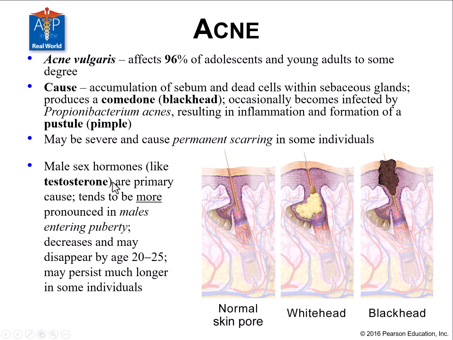And the testosterone seems to cause it more strongly than estrogens, and so you see it more in males, especially when entering puberty, and it usually disappears around the age of 20 to 25 when the body levels off.